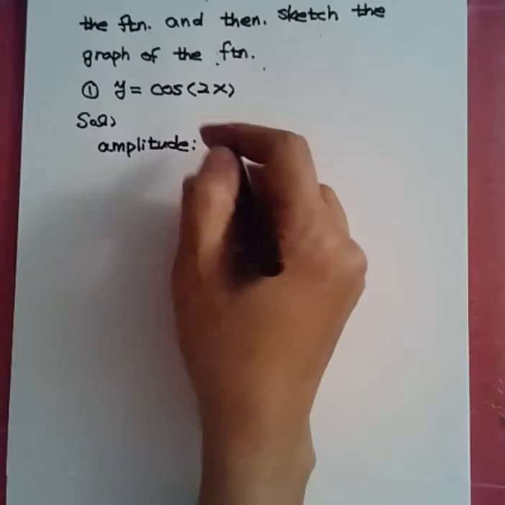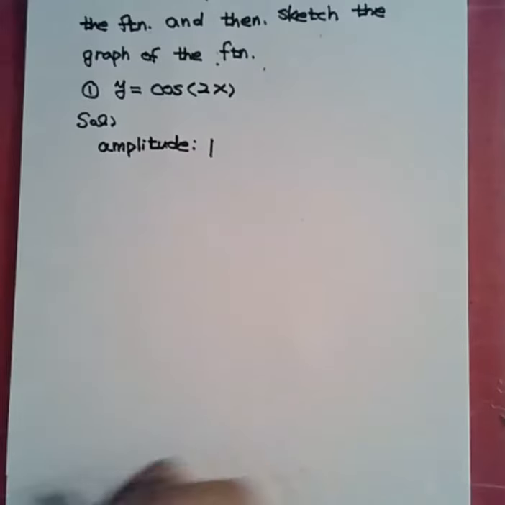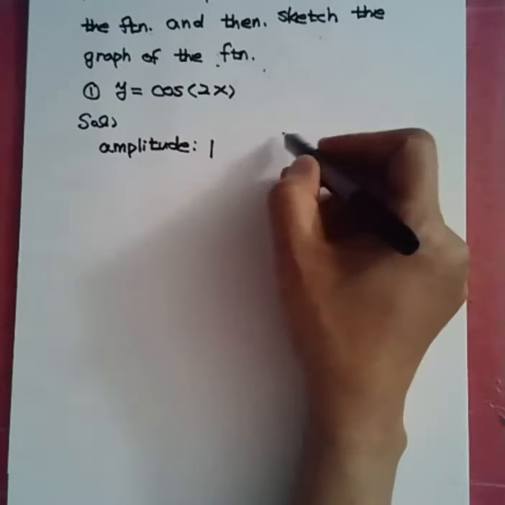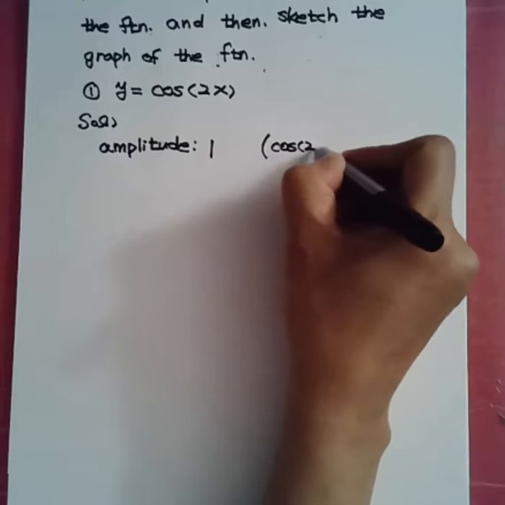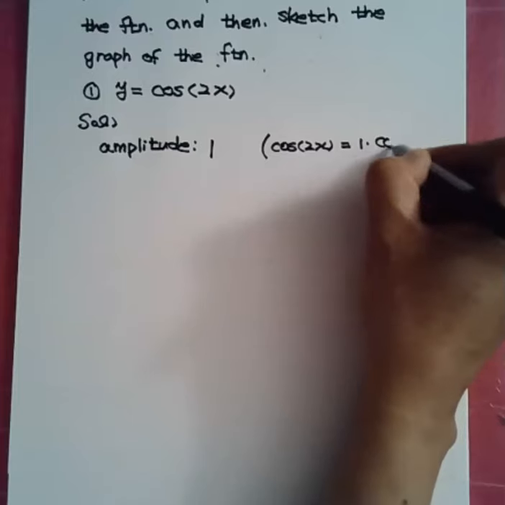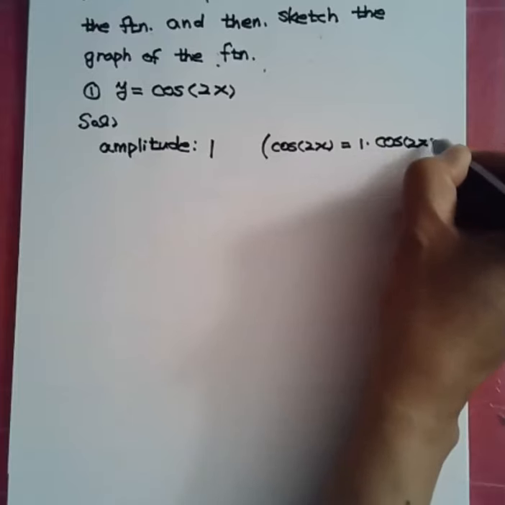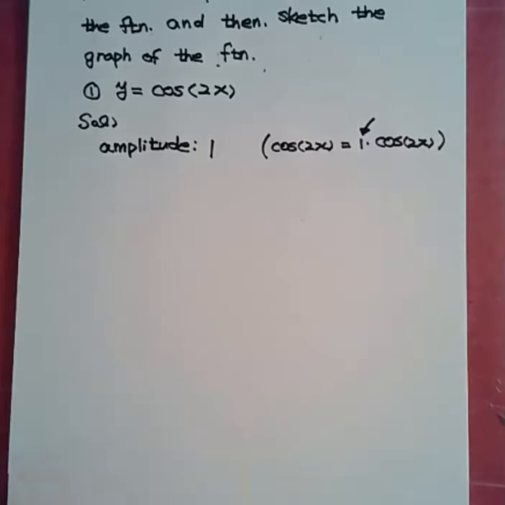So the amplitude will stay at 1. Or you can say cosine of 2x can be rewritten as 1 times cosine of 2x.